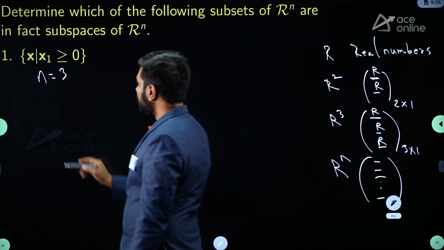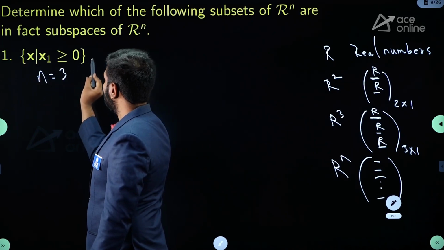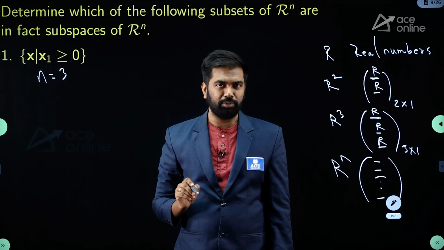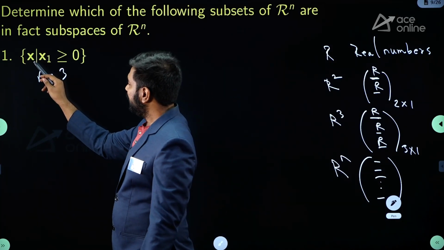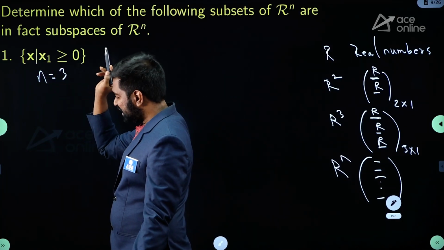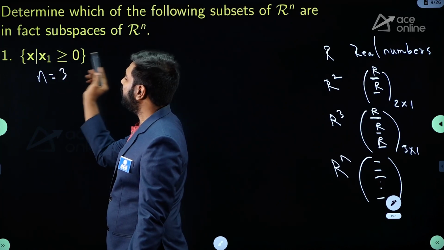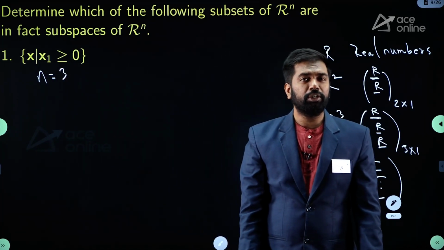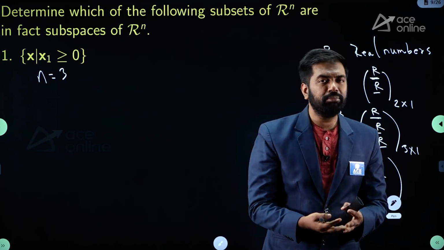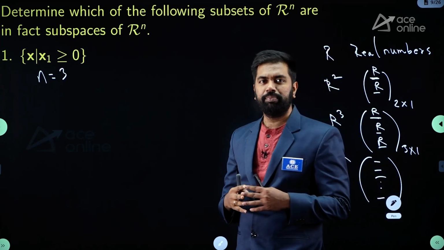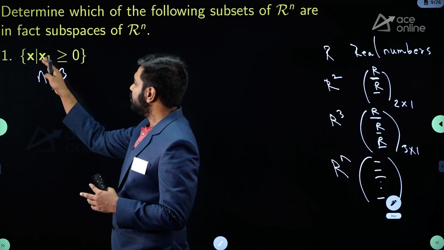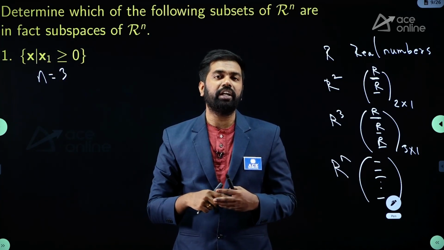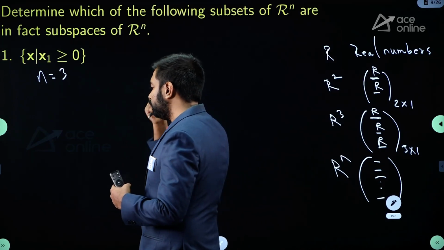Now, like I said, this talks about a set of vectors. Look at this. It contains the set of vectors such that the first component is always greater than or equal to 0. Students, you are all new to this kind of description, so I'll explain it clearly.